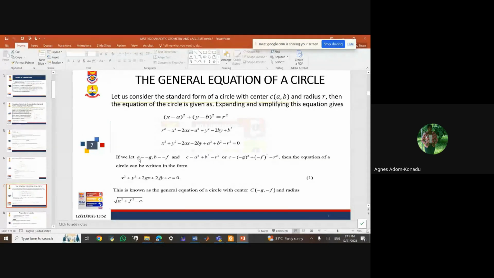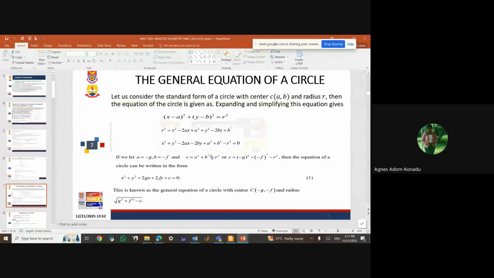Now, if I let my a be equal to negative g and b equal to negative f, and my c be equal to a squared plus b squared minus r squared, then in place of a and b, I can write c is equal to minus g squared plus minus f squared minus r squared.